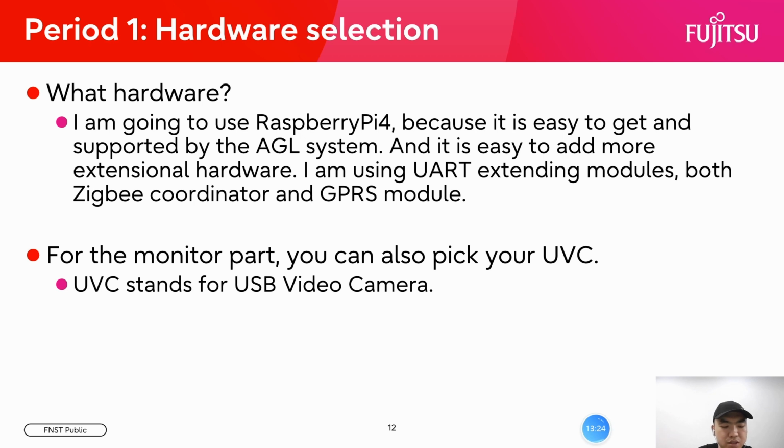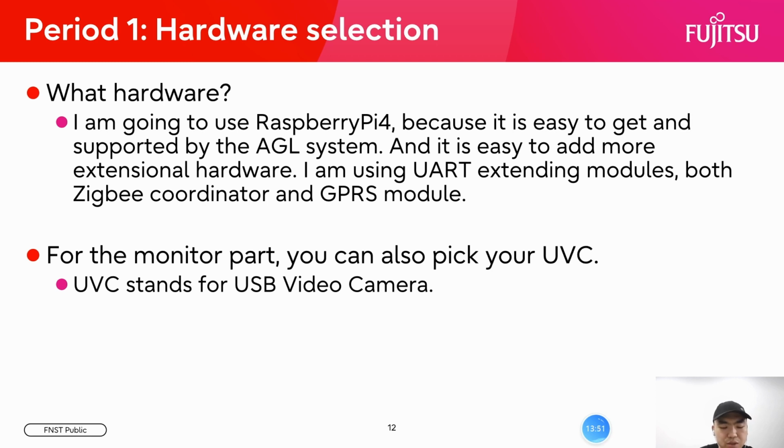In starting the first stage, I have to choose the hardware because this is a hardware-related project. The base platform I choose is Raspberry Pi 4, because it is easy to obtain, supported by the AGL system, and has many interfaces, so it's easy to add more extension modules.